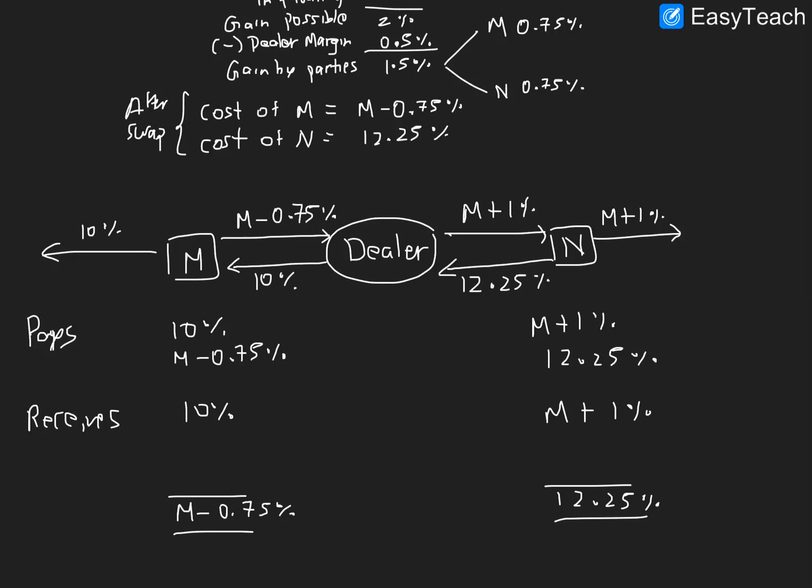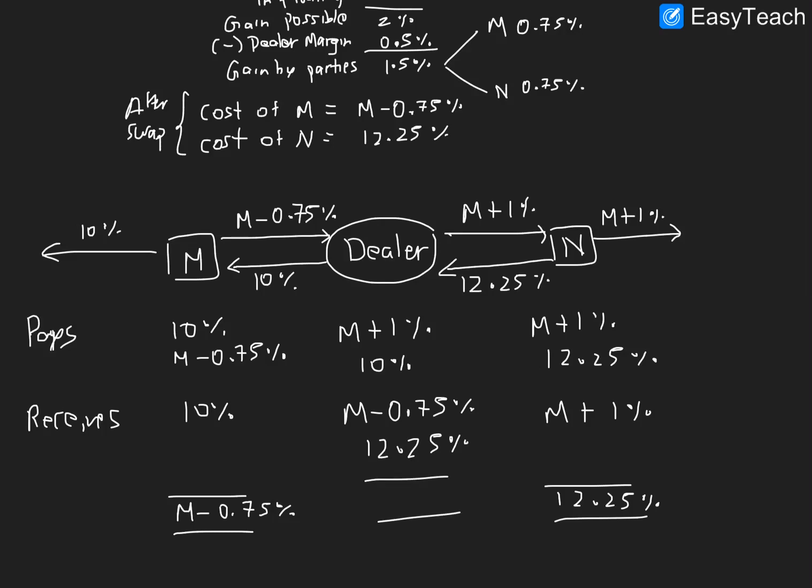Now talking of the dealer, the dealer pays out MIBOR plus 1%. It also pays 10%. It receives MIBOR minus 0.75%, and it also receives 12.25%.